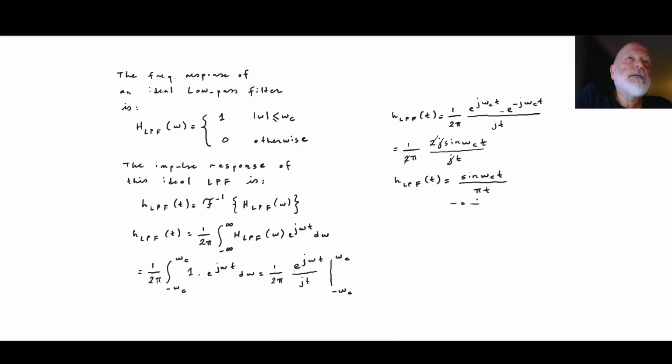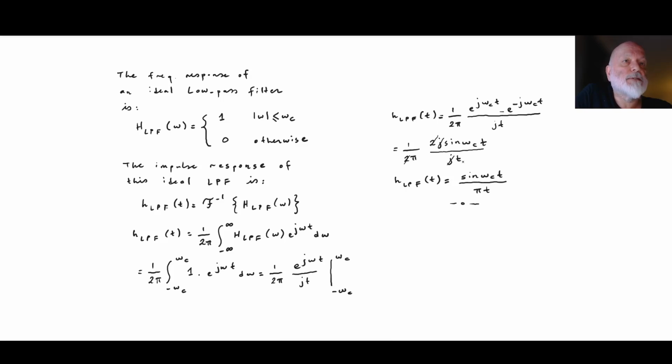An important observation is that the impulse response is non-zero for all values of t. Of course, it has zeros because it is essentially the sinc function, but it has non-zero values for negative values of t, which means that the ideal low-pass filter is not causal.